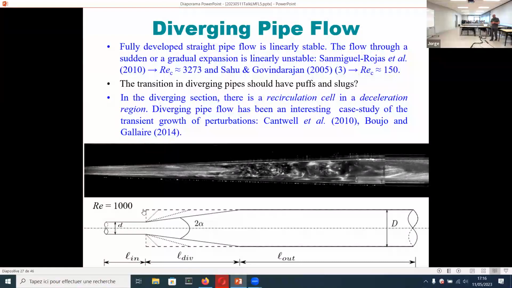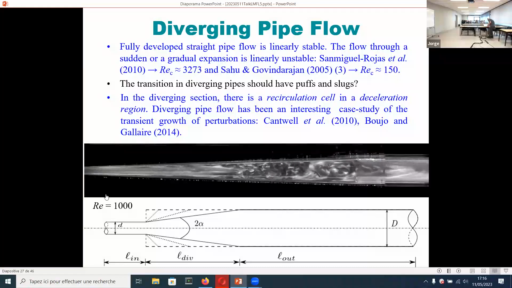Theoretical studies have shown that the critical Reynolds number is about 3000, 3273. But the transition is seen in these experiments at much lower Reynolds number, meaning that finite amplitude disturbances have an effect. So my question was, can we see puffs and slugs in this geometry?